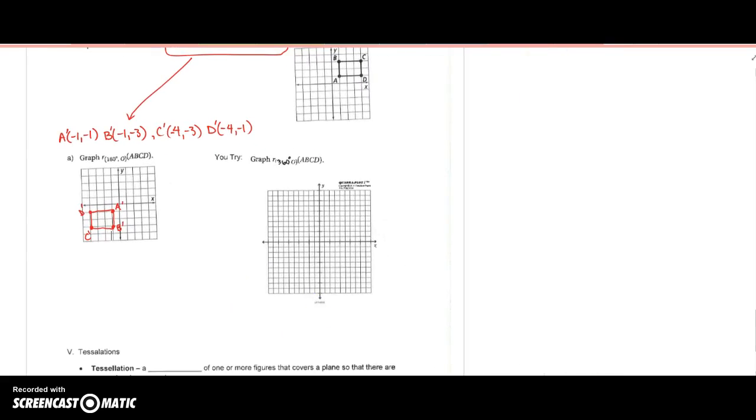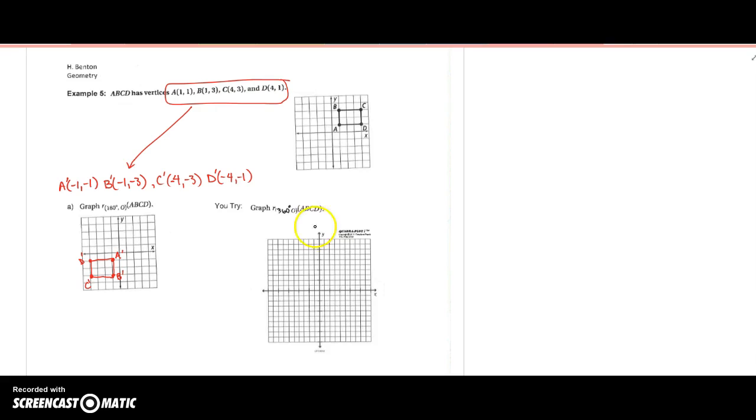So here we are, we're back, and for the 360 degree rotation, you're graphing the original shape, the original image. The only thing that has changed is now these are all primes.